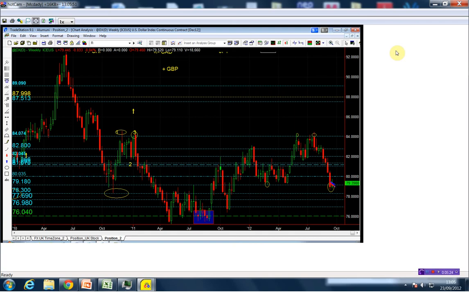I'm just going to move this ellipse. Now, this was the week, the big red candle, the week of the announcement. Last week, we did trade below that structure point, which is the 79.18.